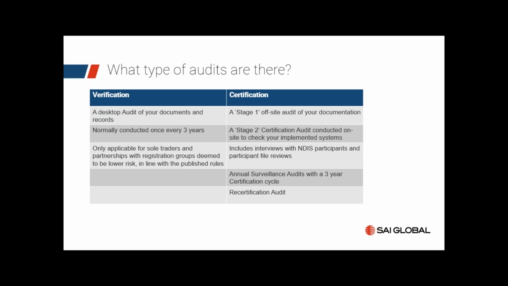The Stage 2 certification audit is conducted on site and includes not just the review of your documentation and systems and records, but interviews with NDIS participants as well and reviewing their files. So an important part of that audit is to get feedback from participants about your service delivery.